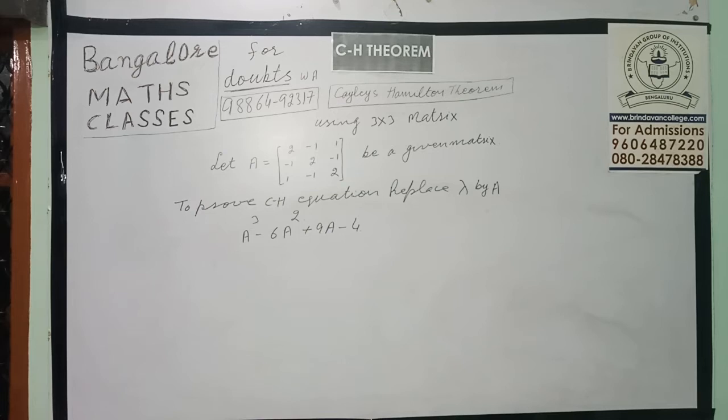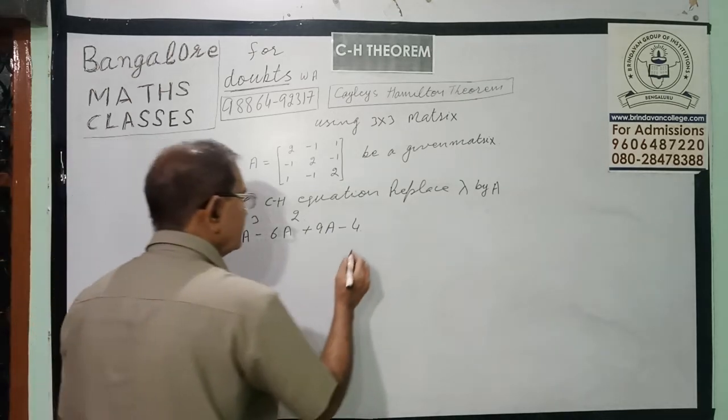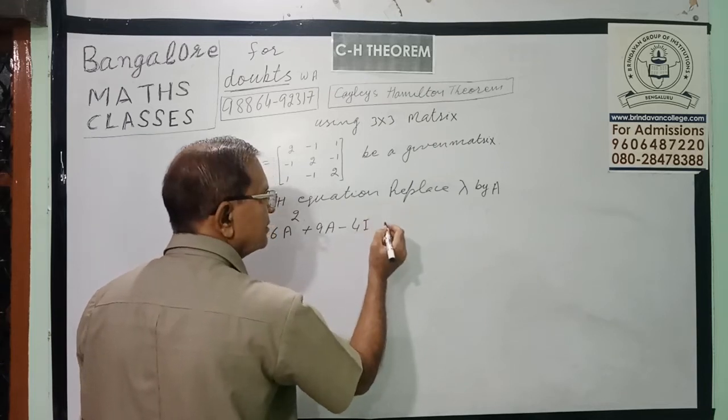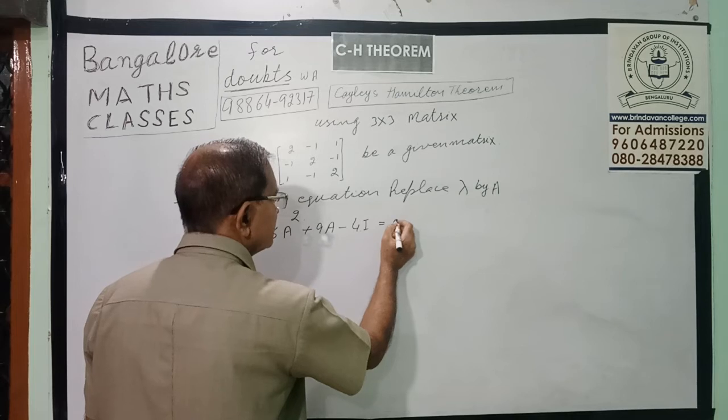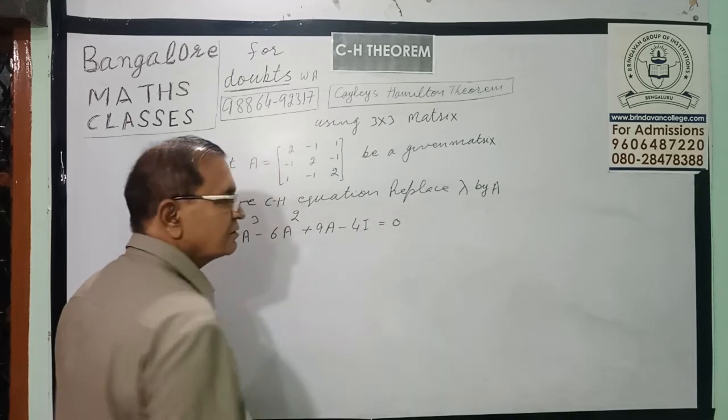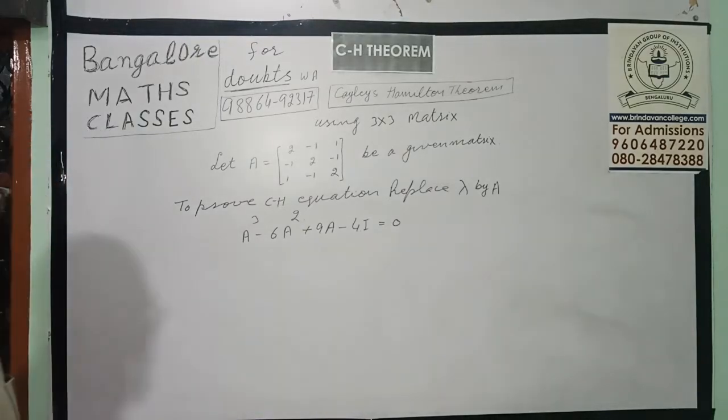Now, when we are dealing with matrices, we can't deal with the number. So to this 4 multiply by I. So it should come out to be 0 from the characteristic equation. In fact, it should be determinant 0 or the zero matrix.